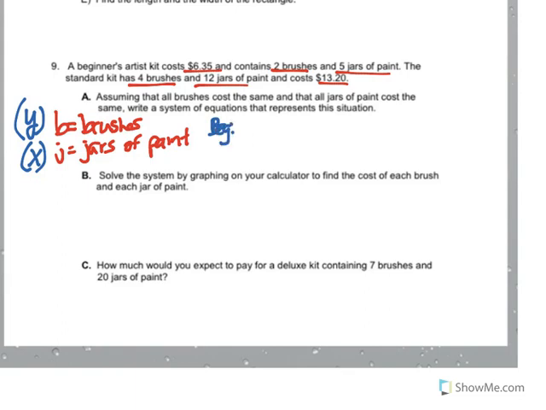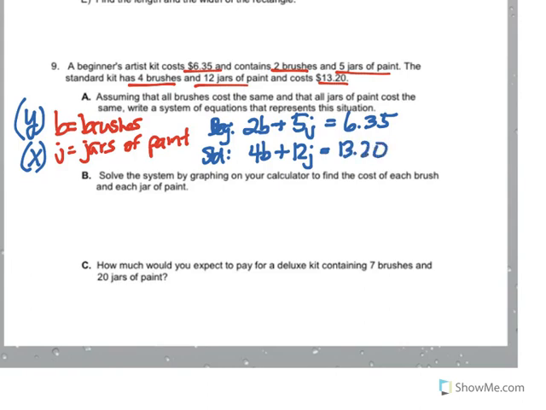And so we have 2 brushes, so that's 2B plus 5 jars of paint, 5J, is equal to 635. And then the second one, the standard, we call that STD, is 4 brushes plus 12 jars of paint is equal to $13.20.